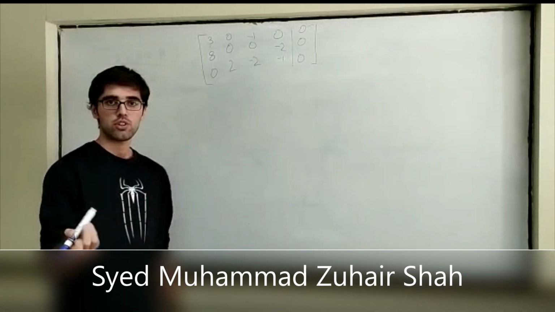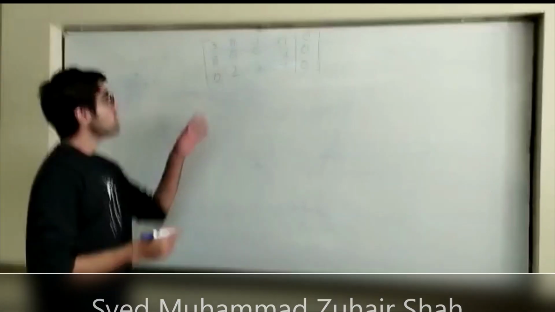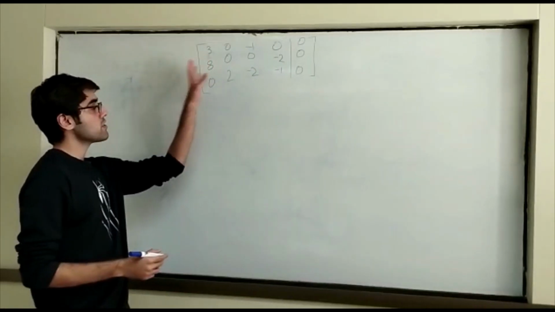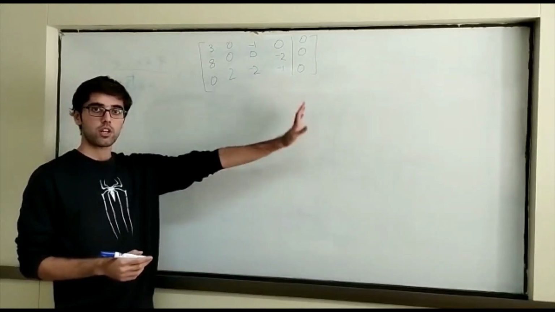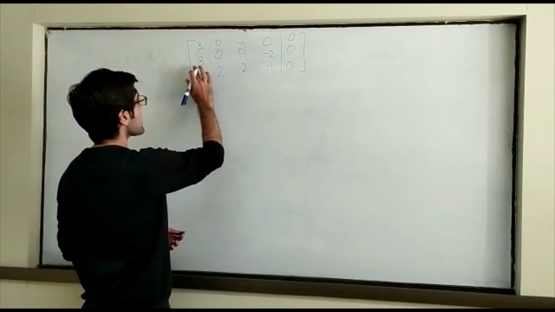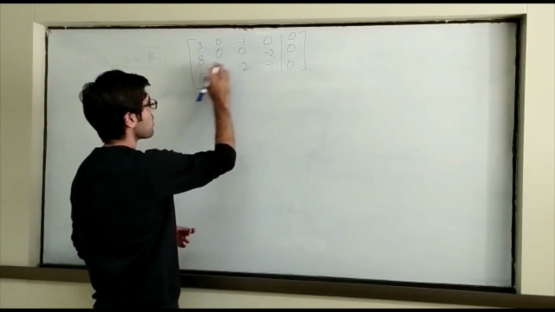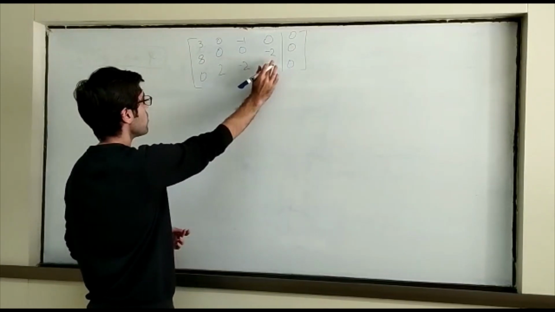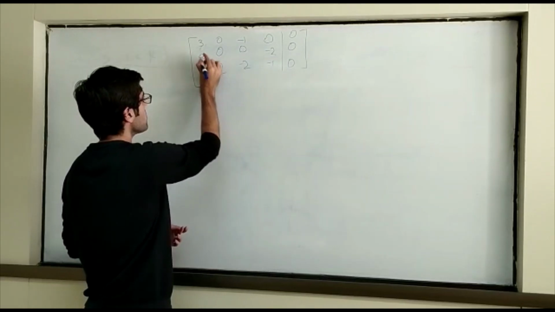Assalamualaikum everyone, Saima speaking here, and I will now explain the working of this augmented matrix to balance the following equation. Now, as you can see here, for this to solve in row echelon form, the first element of the second row must be 0.